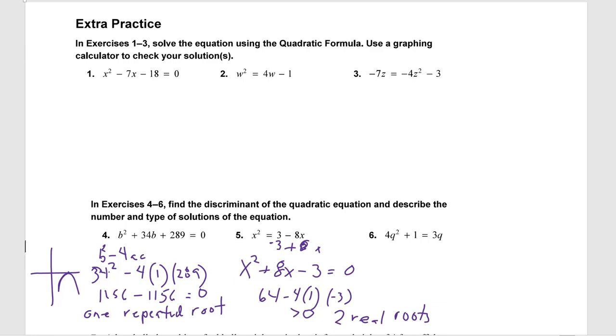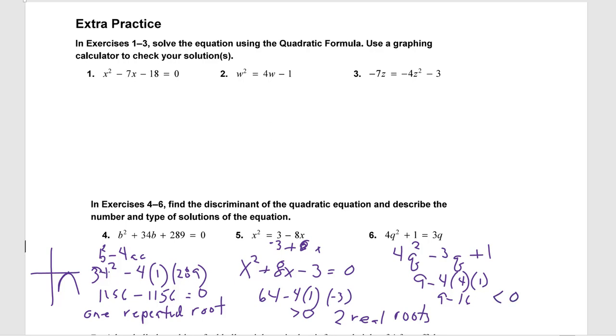Then for the last problem, again, standard form, we need to subtract the 3q. That gives us 4q squared minus 3q plus 1. So our discriminant is negative 3 squared, which is 9, minus 4 times a, which is 4, times 1, which is c. So in this case, we get 9 minus 16, which is negative.